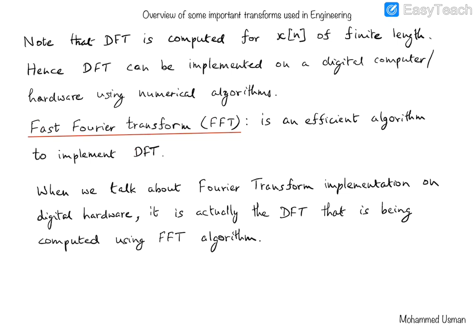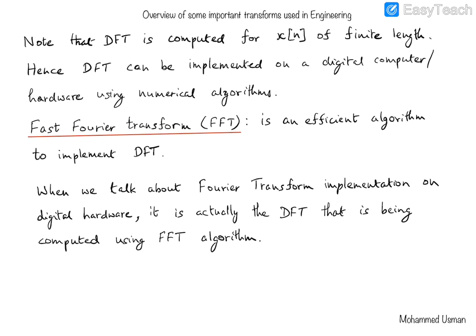So to summarize, we can see that all these transforms are related to each other. We started off with the Laplace transform. The Laplace transform transforms a signal or a function of a real variable into another function of a complex variable, and we get that transformation in the complex plane.